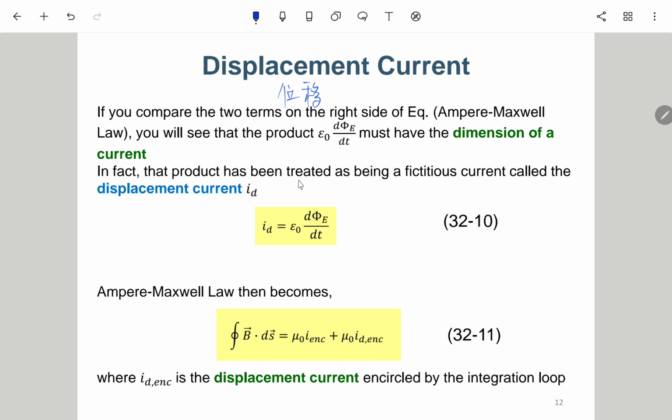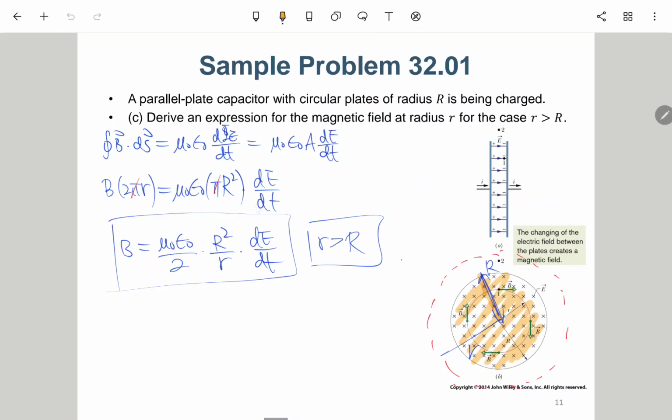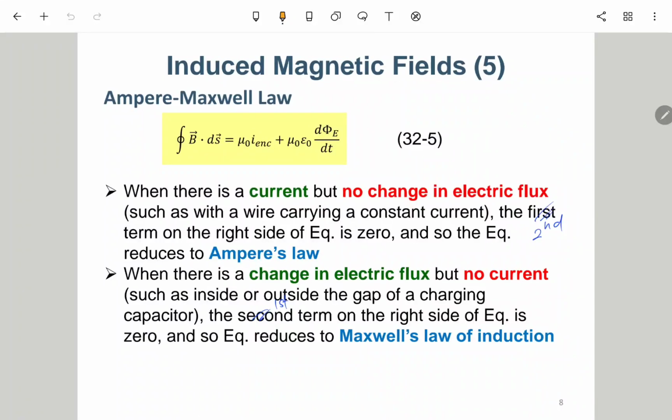In fact, the product has been treated as being a fictitious current, called the displacement current.